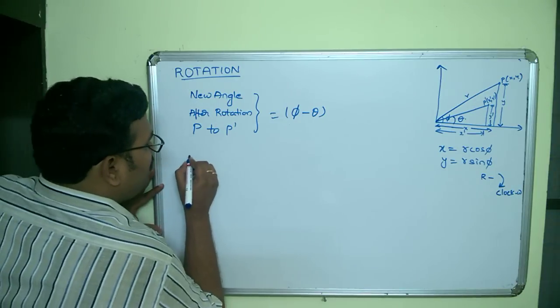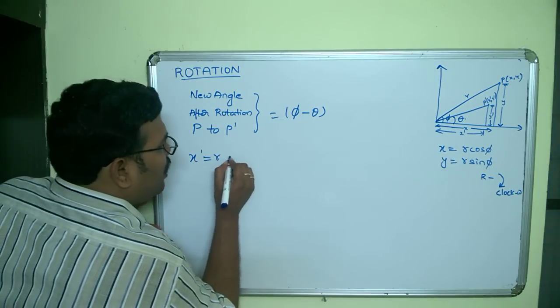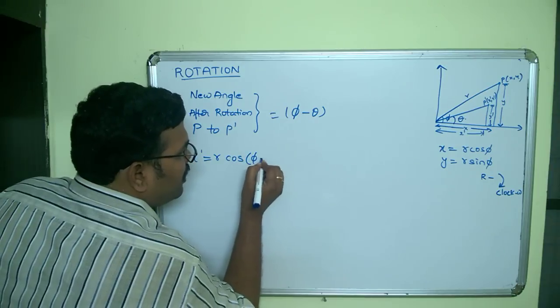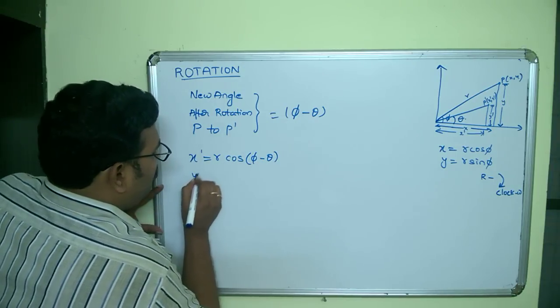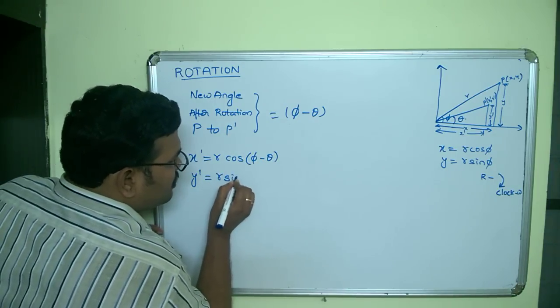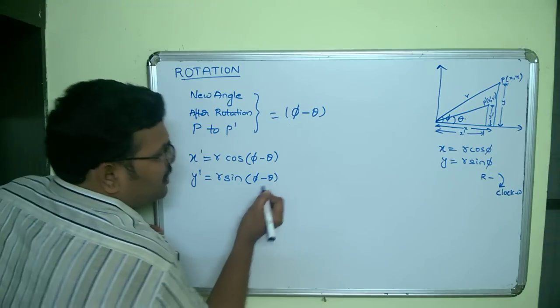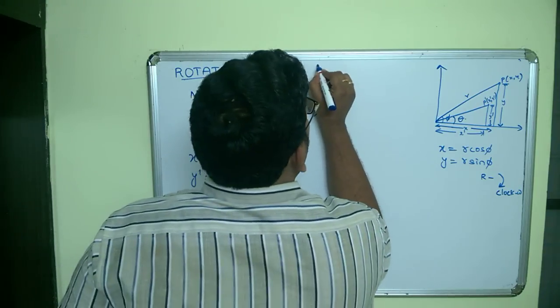Now similarly, x' is equal to r cos(phi minus theta), and y' is equal to r sin(phi minus theta). Now let us write down the formulas.